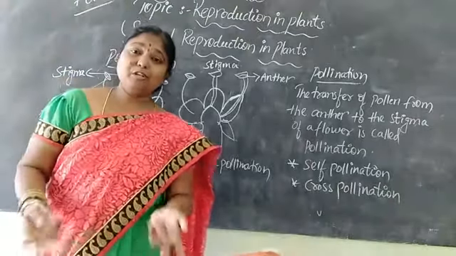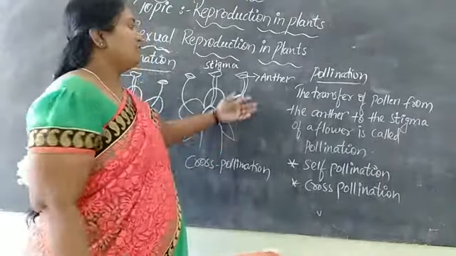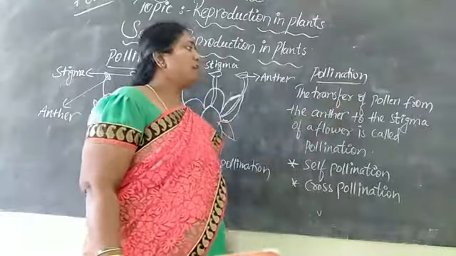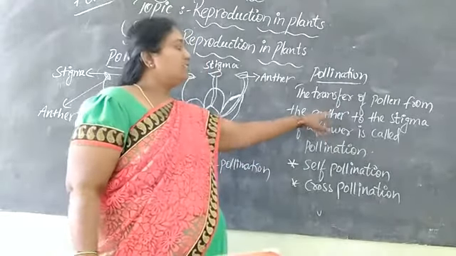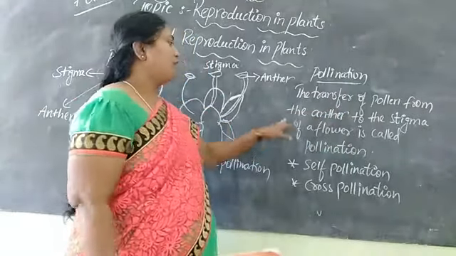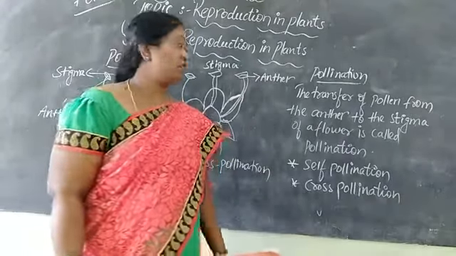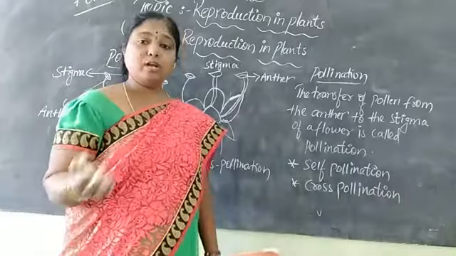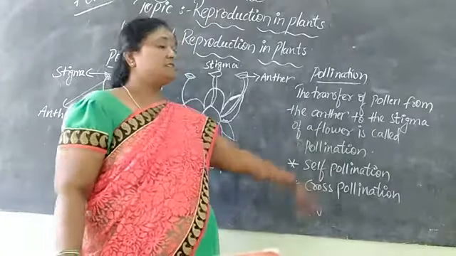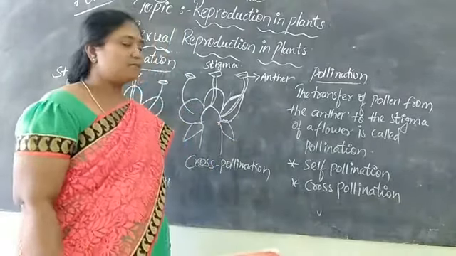First of all, what do you mean by pollination? The transfer of pollen from the anther to the stigma of a flower is called pollination.